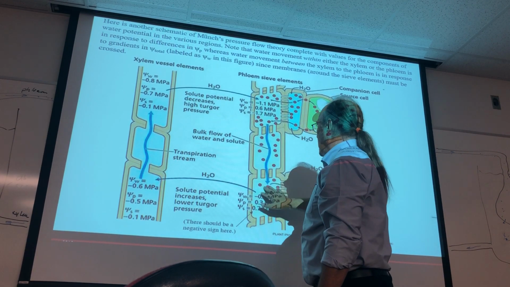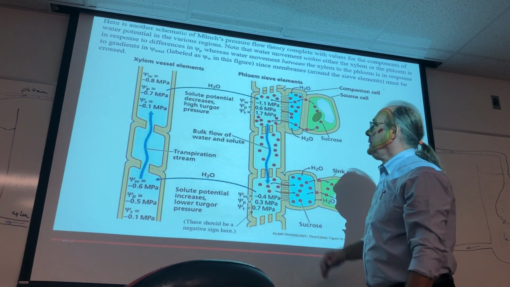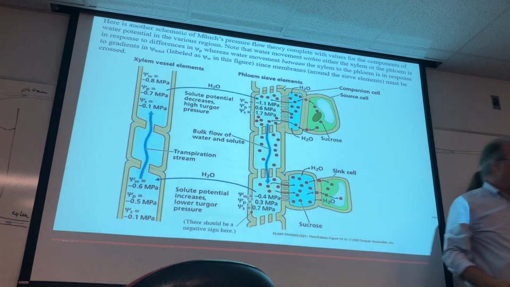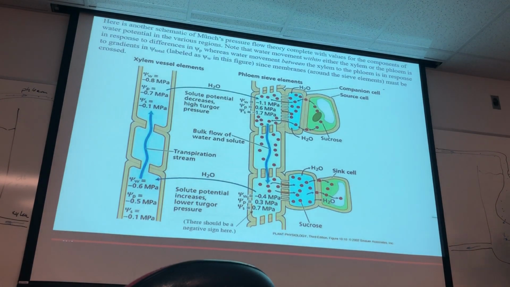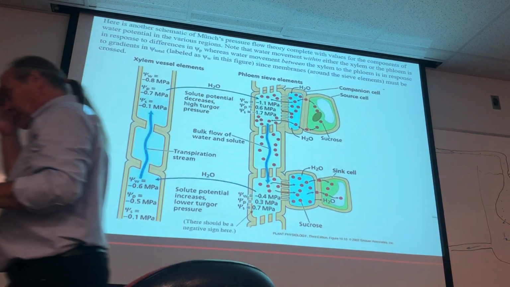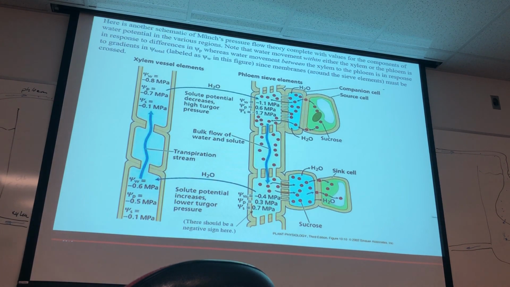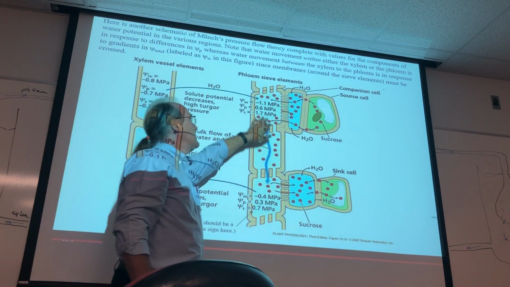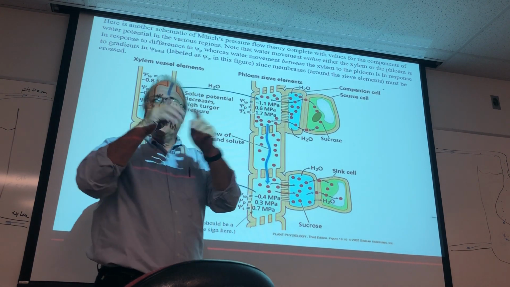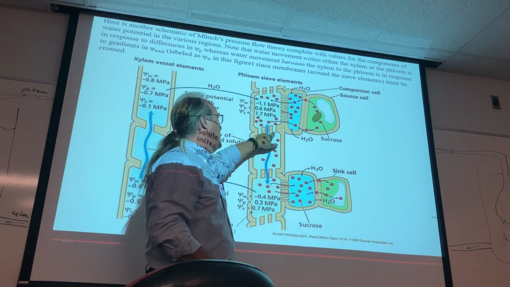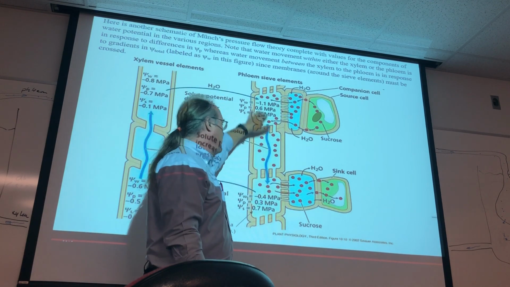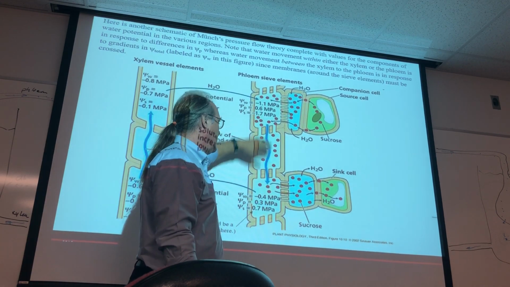If you read this explanation, or actually some of this comes from Park Nobel's book, Physico-Chemical and Environmental Plant Physiology, he calculates a gradient in pressure potential based on the size of the sieve tubes and the dimensions of these sieve plates and things like that, and comes up with a gradient that corresponds with this.